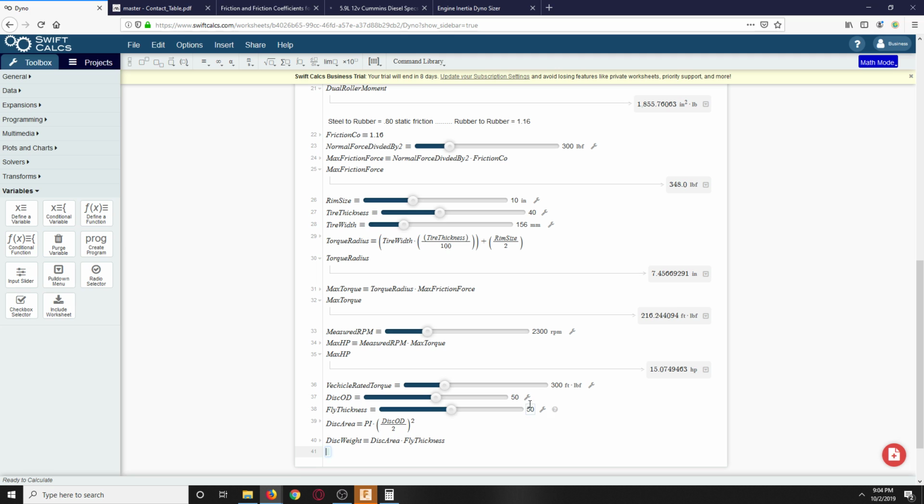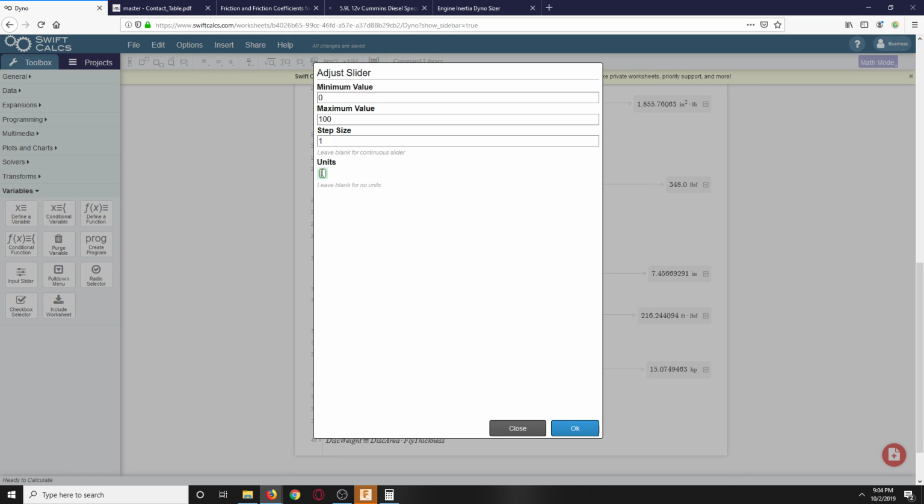Okay, and then this disk OD, let's do this in inches. Let's say that this is 20 inches and step size is 0.1.